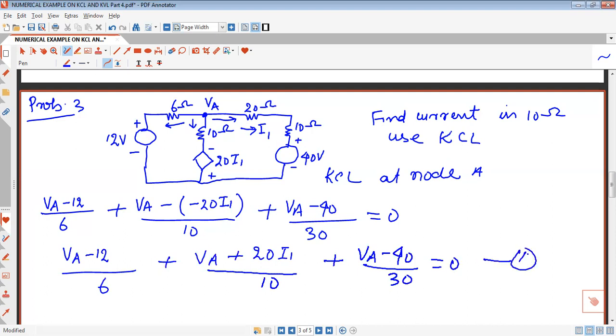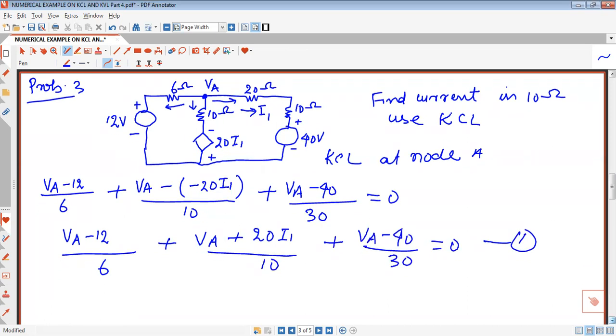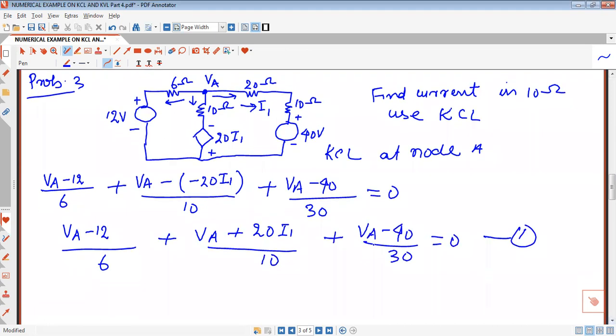This is our equation number 1. But we notice here that we have only one equation, but how many variables are here? Two variables. One variable is VA, another is I1. But the equation is 1. We cannot solve this equation unless we have some value of I1 or VA.